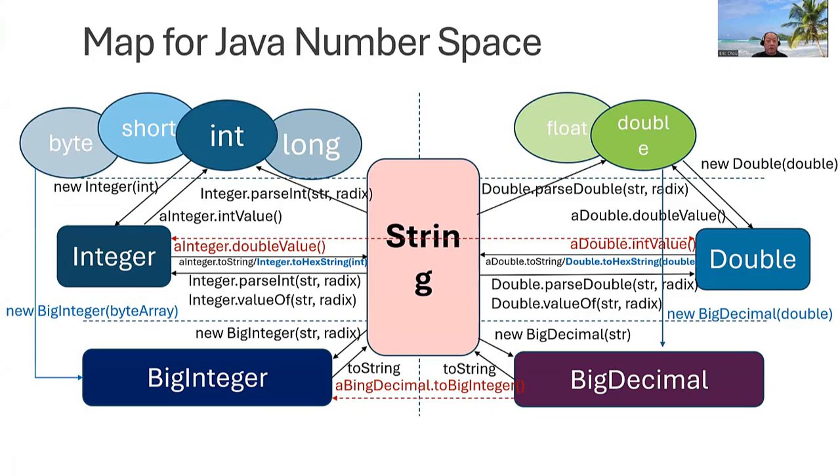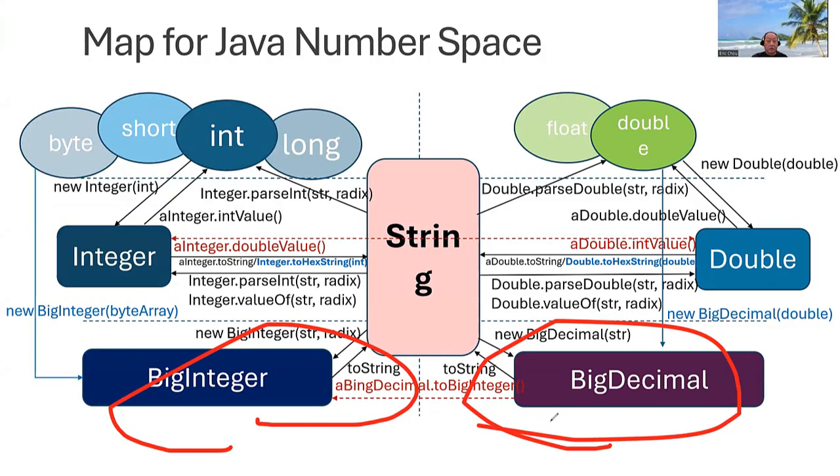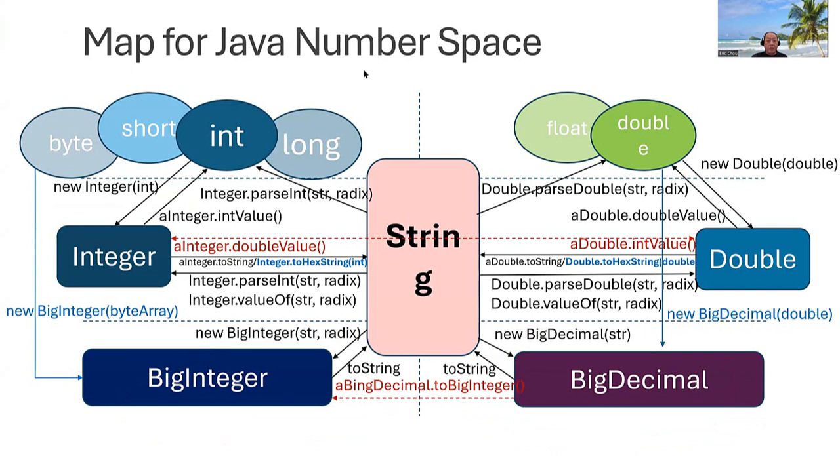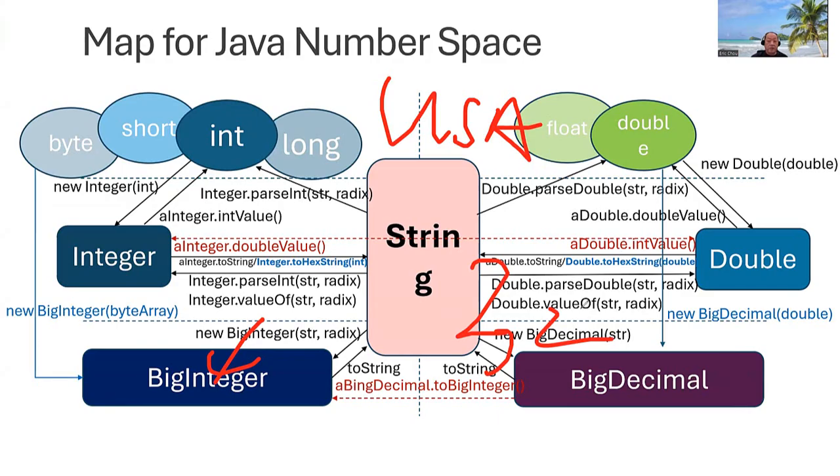Next, what I want to talk about is BigInteger and BigDecimal. With BigInteger, when you have an integer, especially when you go to USACO competition, your 32-bit integer or 64-bit long is not enough.